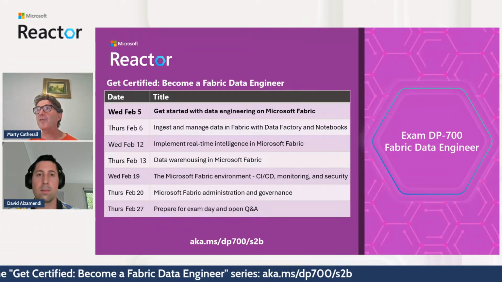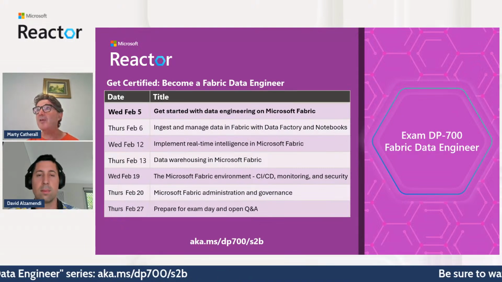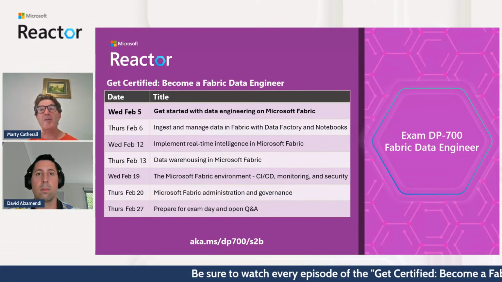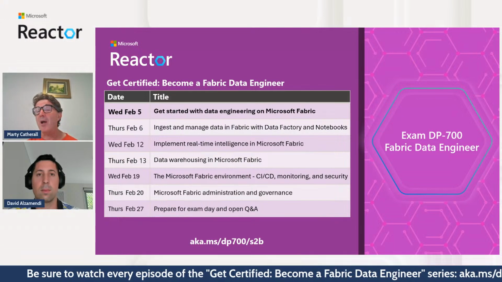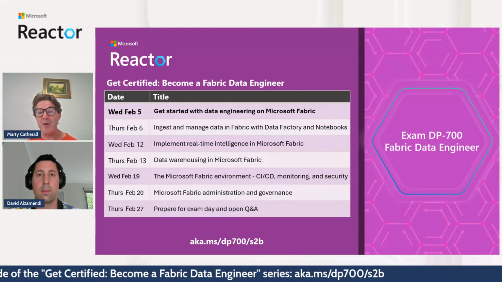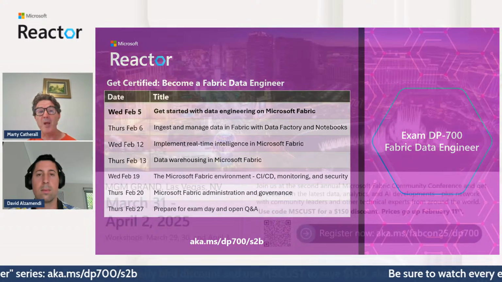Over the next 3 or 4 weeks, we've got seven editions ranging from ingesting, real-time, data warehousing, CI/CD, which will be a great one, administration, governance, and then finally preparing you for the exam. So stay tuned and have a look for all of these.